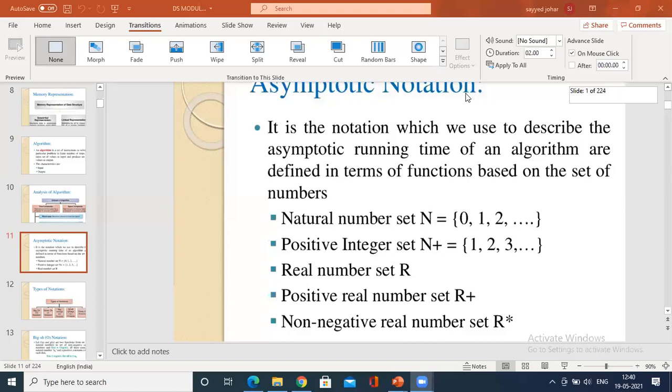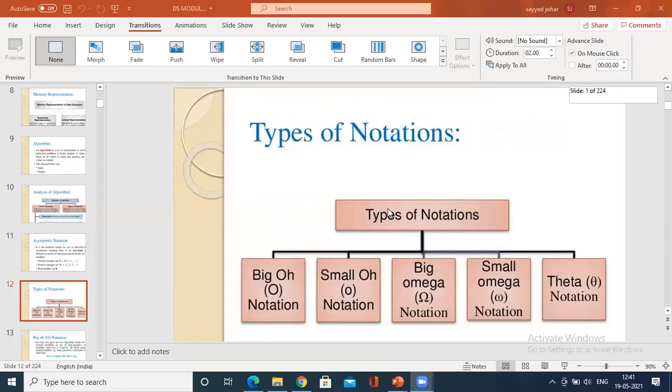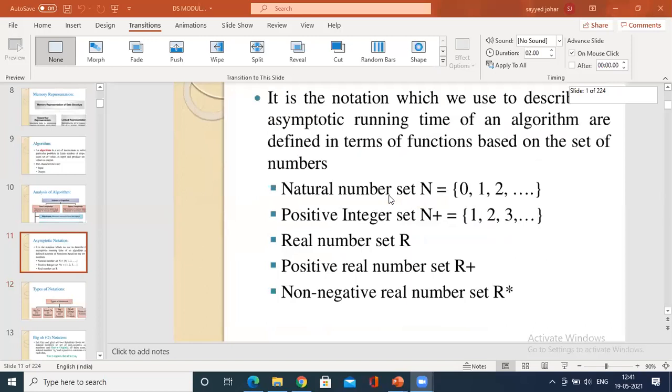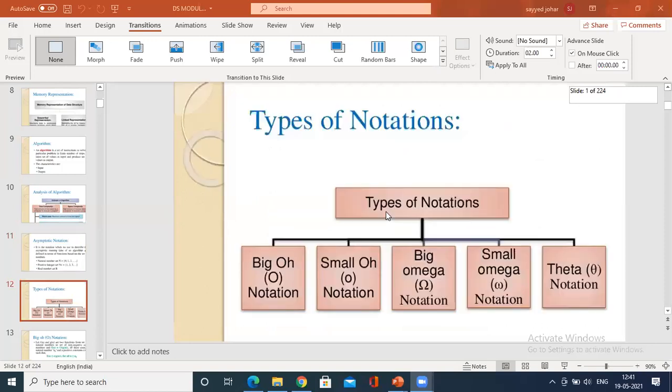These are the two basic things taken into consideration while measuring the efficiency of an algorithm. Hence we use a few notations, called asymptotic notations.